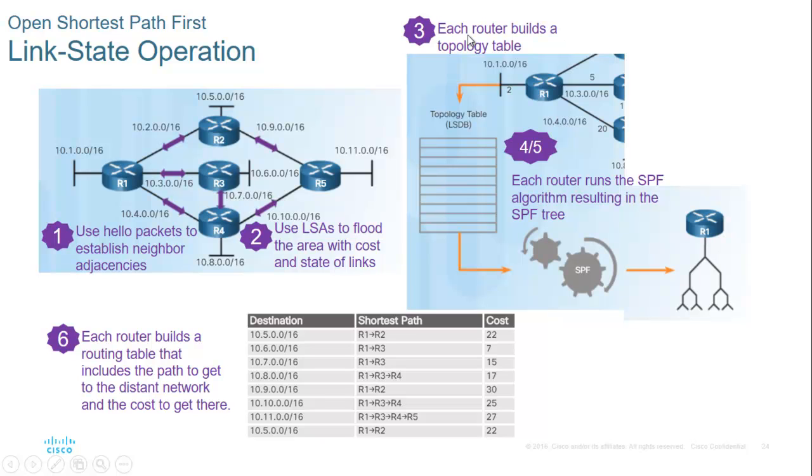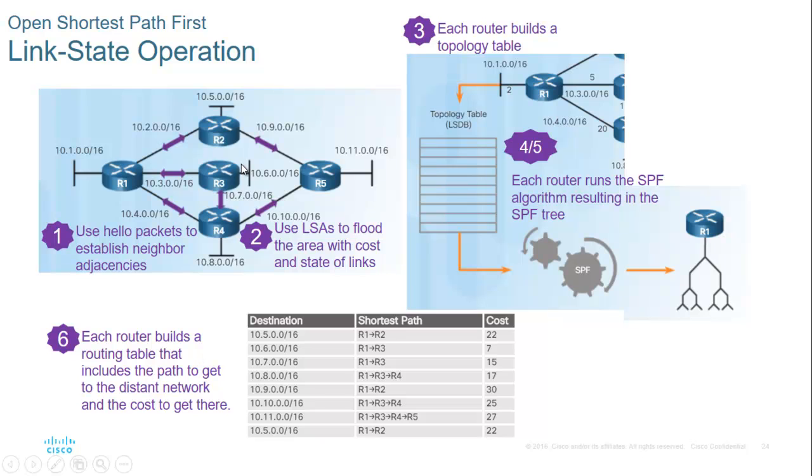After the routers get all the LSAs, each router builds a topology table. Then each router runs the shortest path first algorithm, resulting in the SPF tree. Using this SPF tree, each router builds a routing table that includes the path to get to the distant network and the cost to get there.